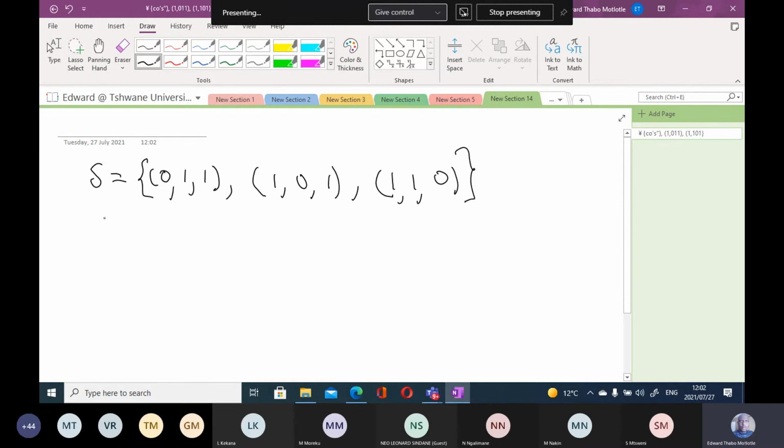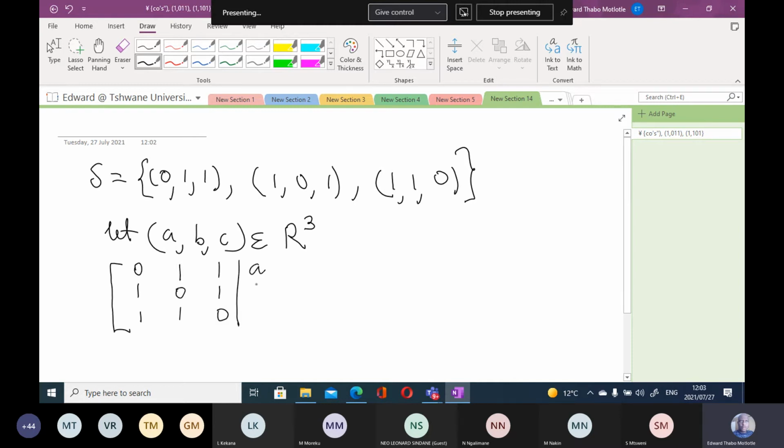Okay. Now I want to write it. So let A, B, and C be an element of R3. Can you see that is 1, 2, 3? Okay. Now I have 0, 1, 1, 1, 0, 1, 1, 1, 0.